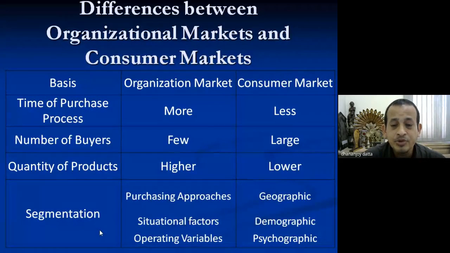Now purchasing approach is basically the approach or policy which firms adopt with regard to purchasing. Then the situational factors, like machine breakdown, or a new product or new machinery is required, or a new company wants to expand business. That will depend on the company's condition and nature of the product, and that will influence organizational buying.